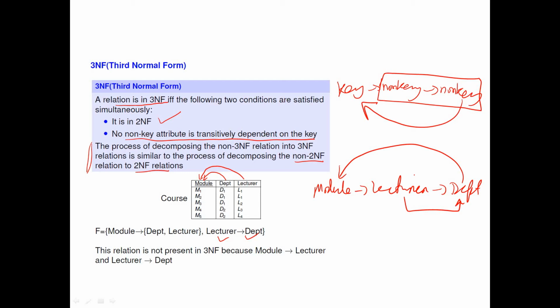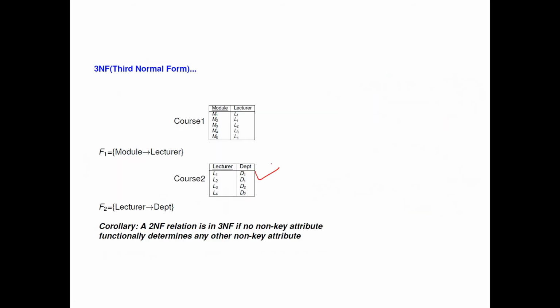removed. How to remove? So I have to go for creating a new table. If I go for creating a new table, I can get the lecturer department as one table, module lecturer as another table. That means from the module to the lecturer to the department, this was the scenario earlier.